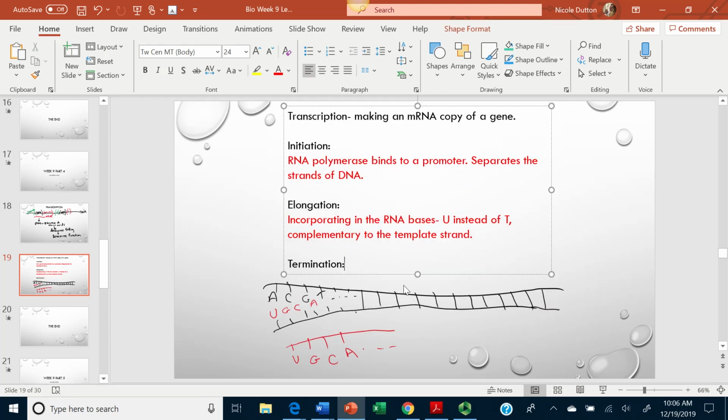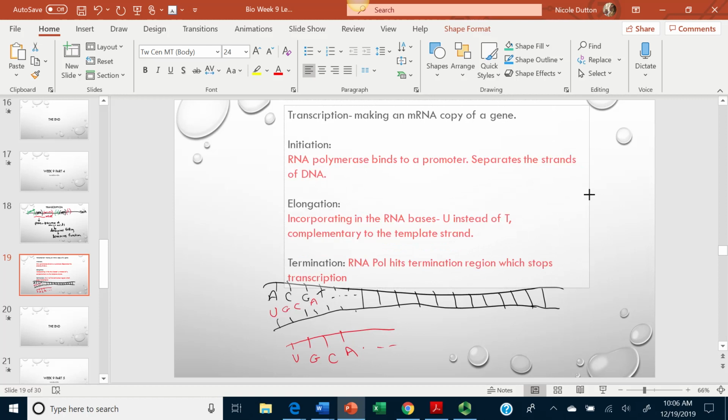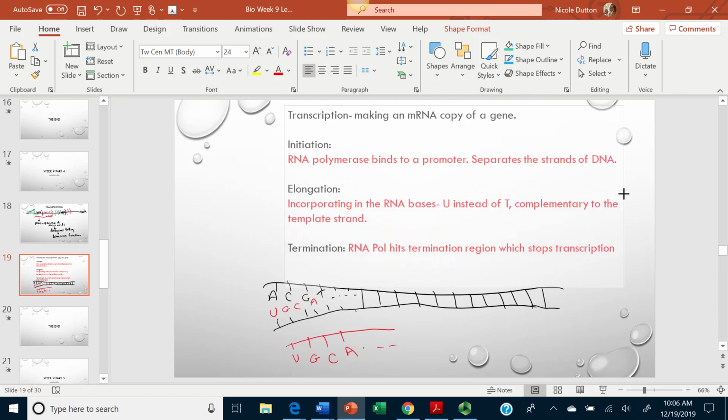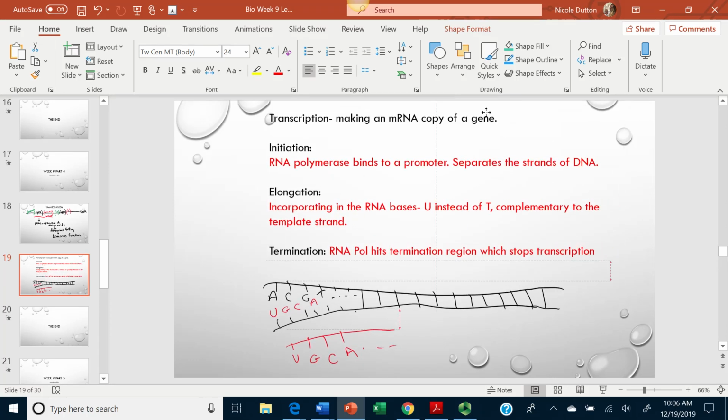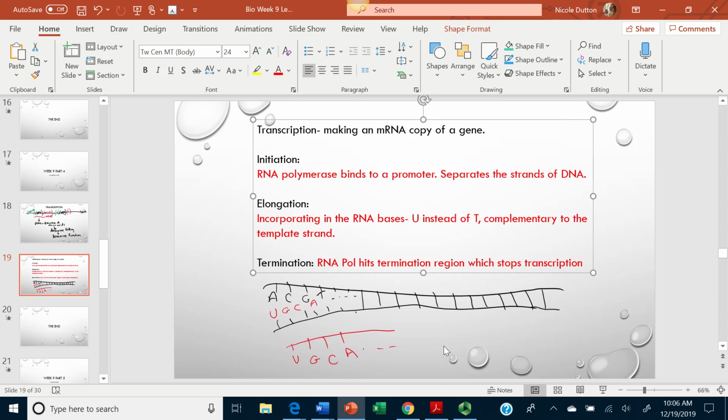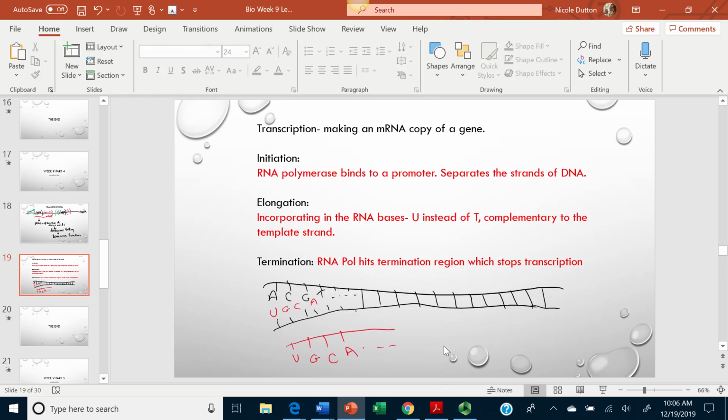And then termination, basically all that happens is the RNA polymerase hits the termination region and this stops. There are factors that can be found inside of the termination region. Those factors include rho-dependent termination.